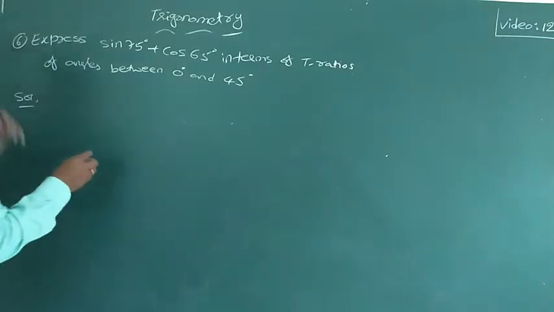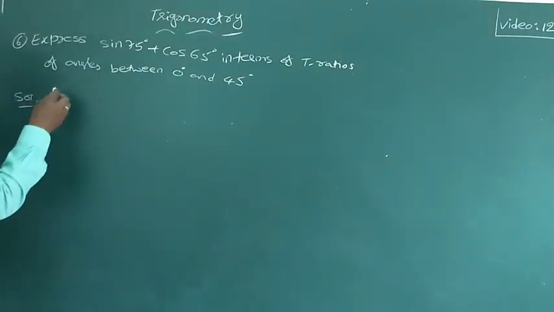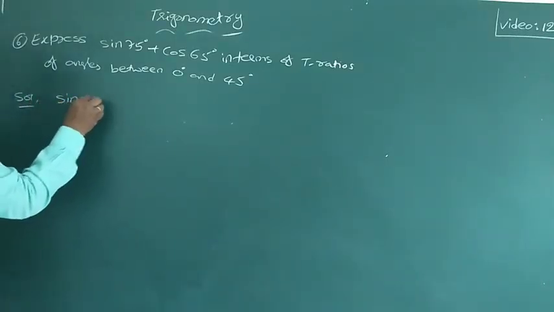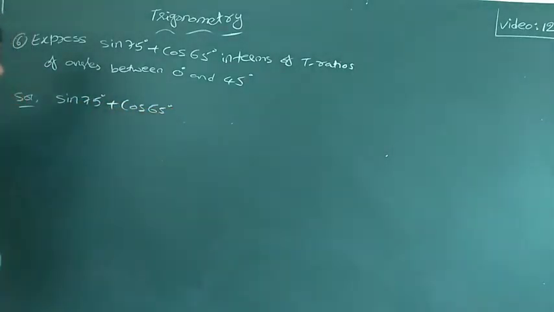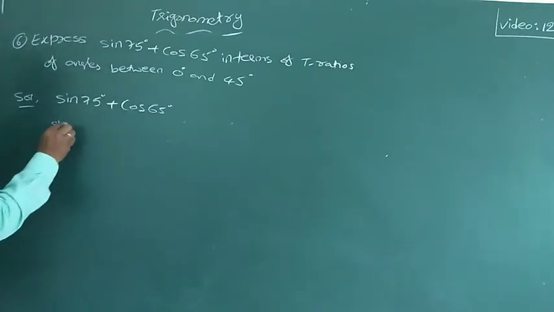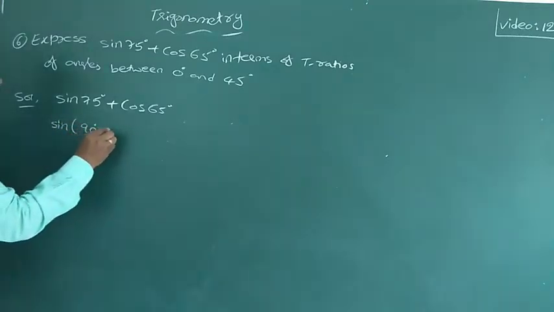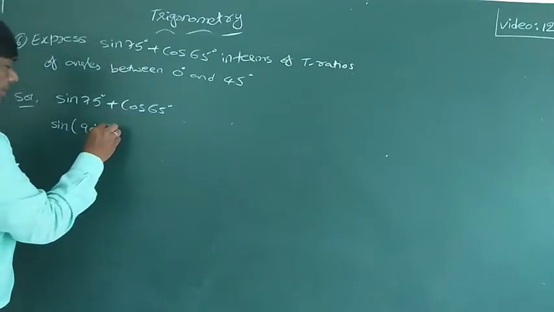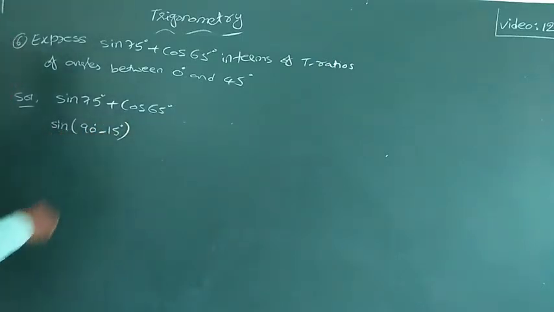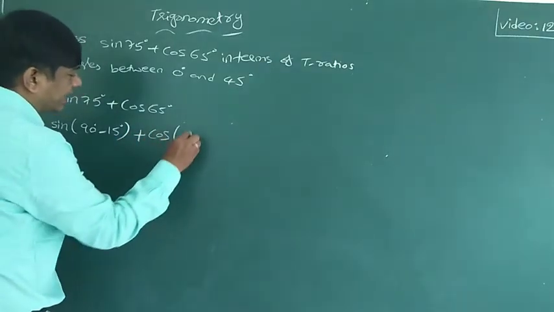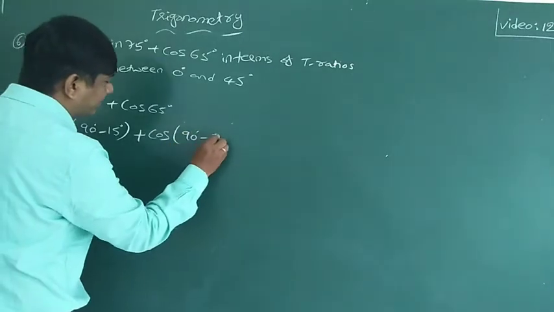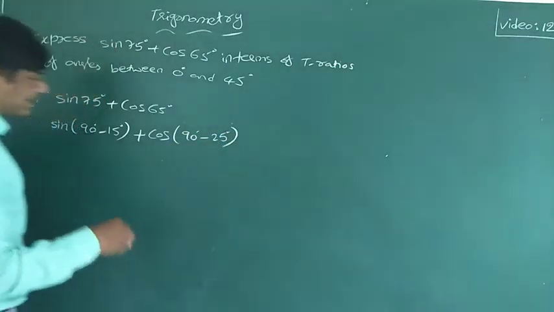What is given here? Sin 75 degrees plus cos 65 degrees. Now sin 75 degrees I write as sin of (90 minus 15) degrees, since 90 minus 15 is 75. Plus cos 65 can be written as cos of (90 minus 25) degrees.